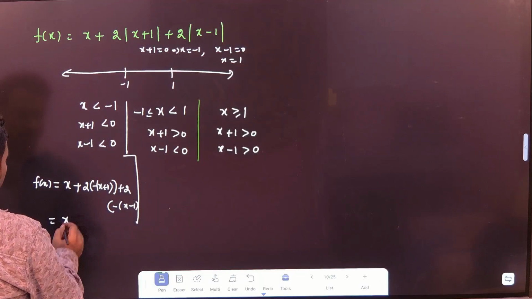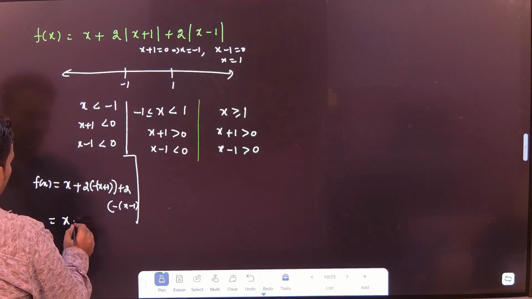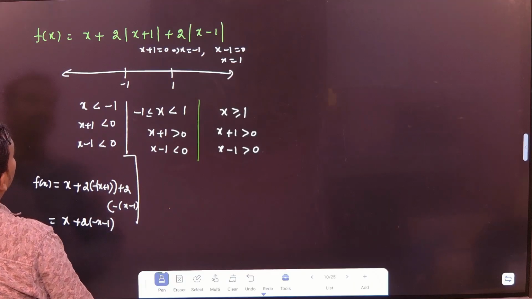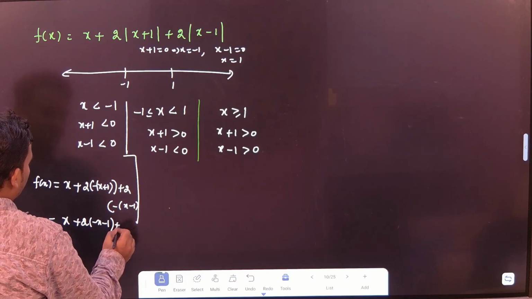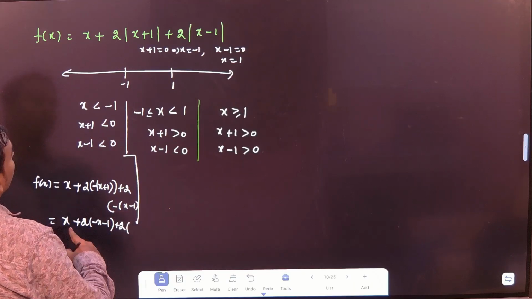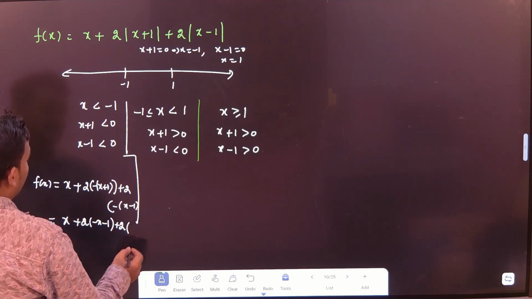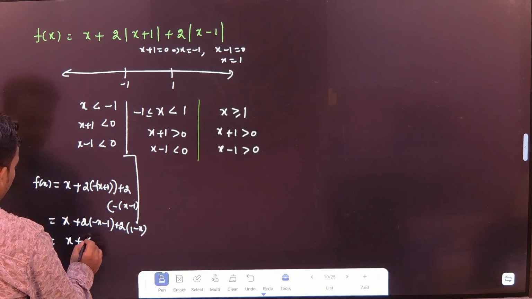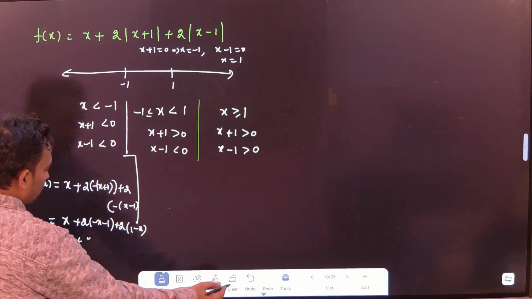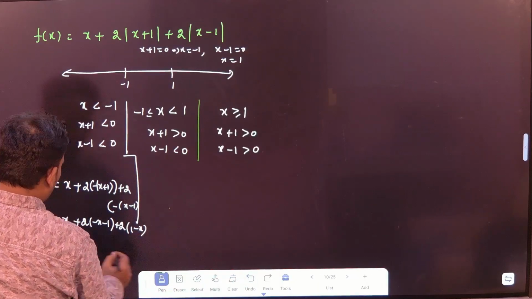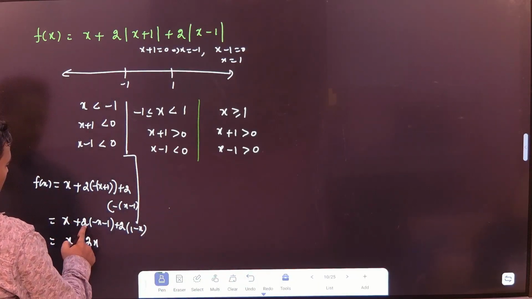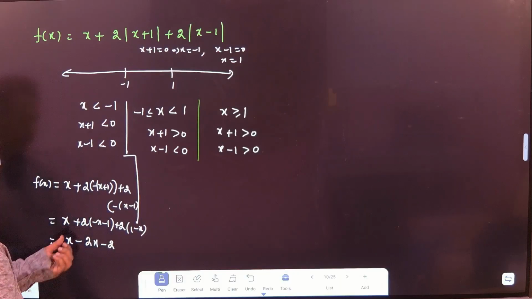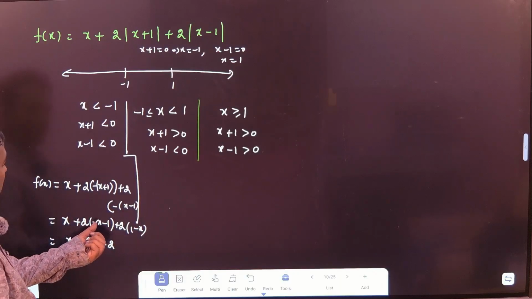Then how to rewrite this? x plus 2 into minus x minus 1, that is minus x minus 1 plus 2 into 1 minus x, right? So you multiply inside: minus 2x minus 2, because 2 into minus x minus 1.